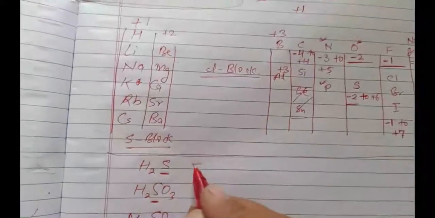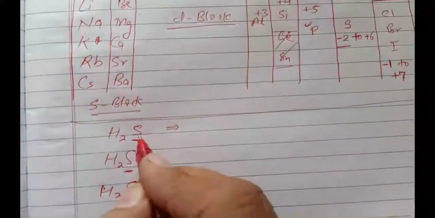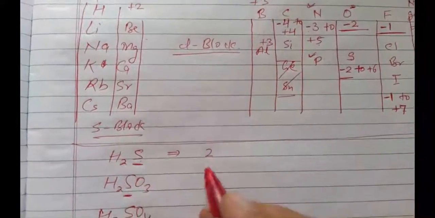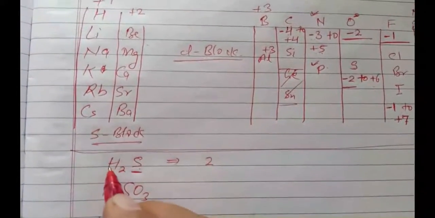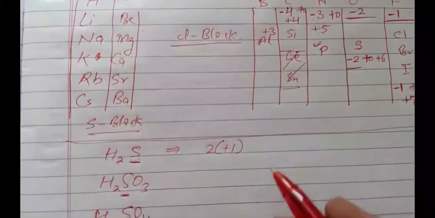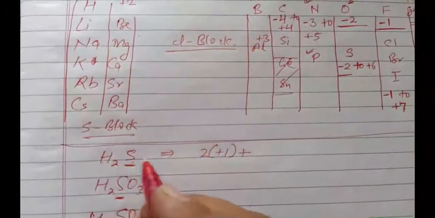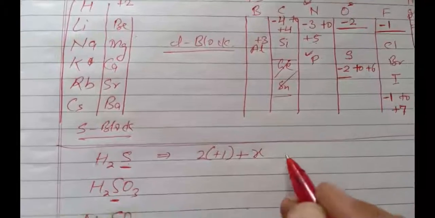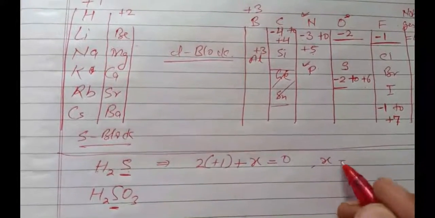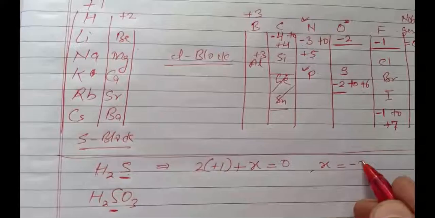We solve the first one. We have to find the oxidation number of sulfur. Here 2 hydrogen, so we write 2 first. The oxidation number of hydrogen atom is +1, plus the oxidation number of sulfur, X. The total will be equal to 0. If you solve this, X will be equal to -2.